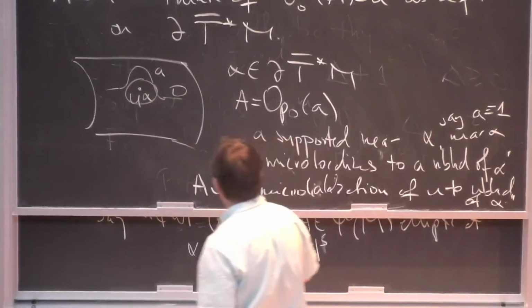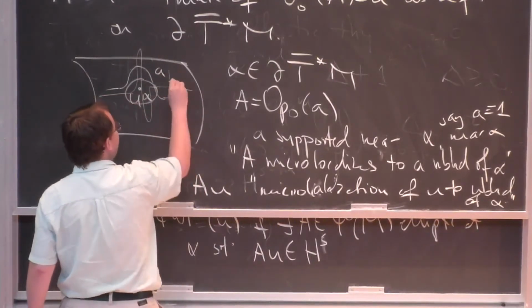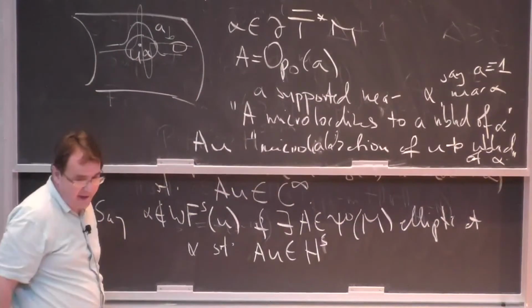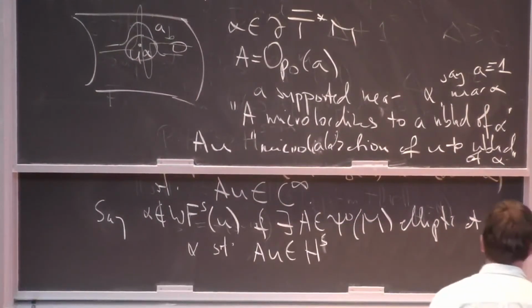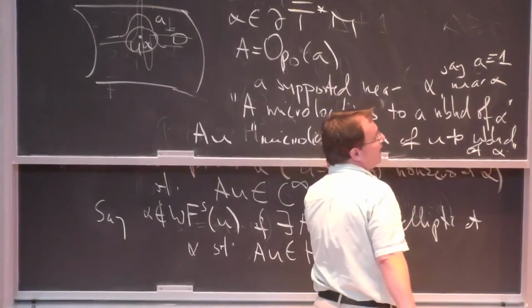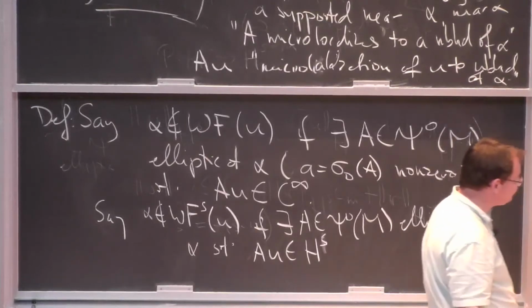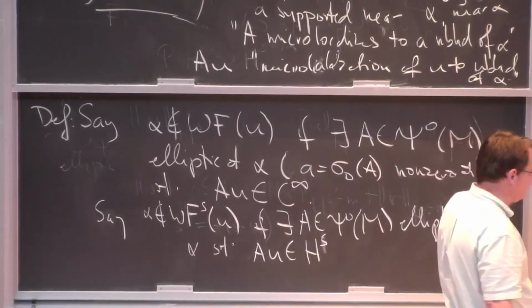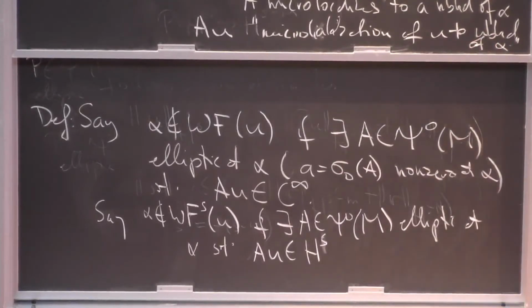So this B should look like something like this, it doesn't have to be elliptic now, but it's 0 outside. This is my B. Then its corresponding operator, big B, so Op 0 of little b, has the same property. So certain localized operators keep the regularity. And so how do we define this?